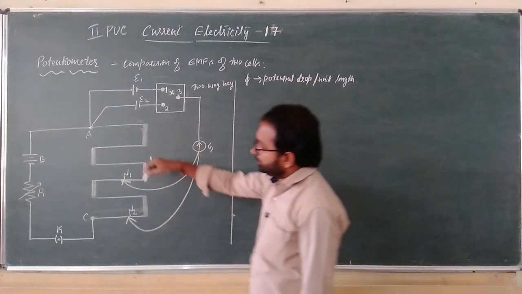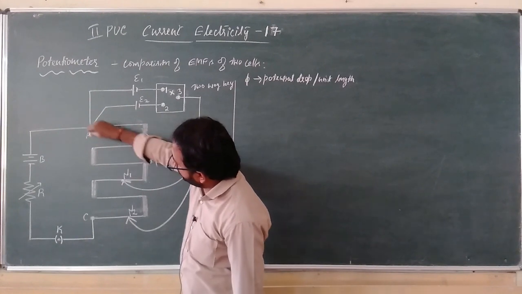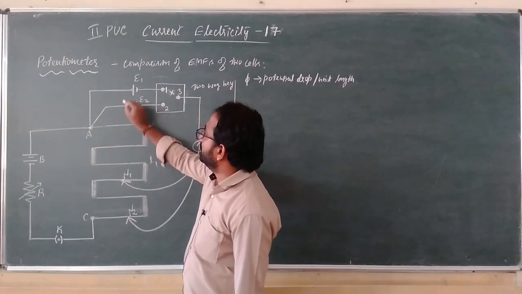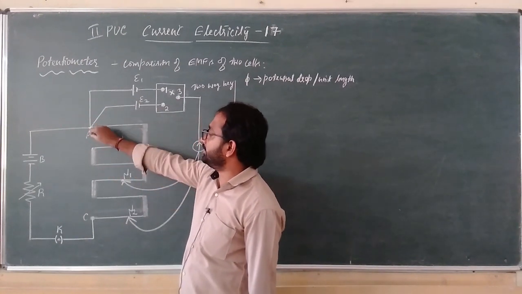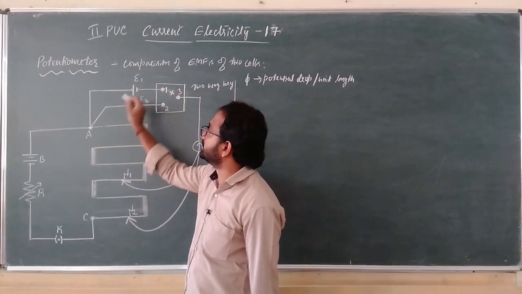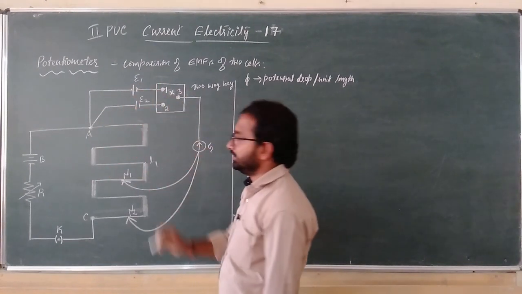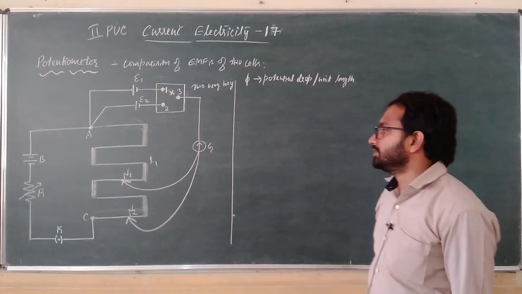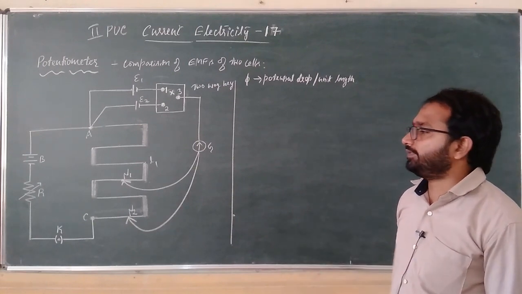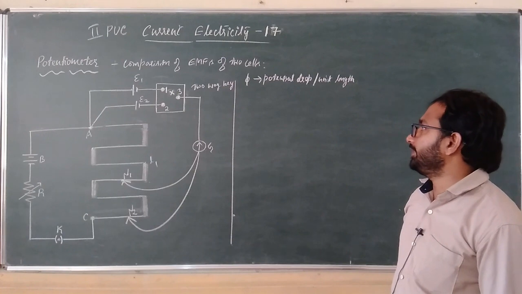If the potential drop between these two points is equal to the EMF of the cell, then only the current flowing through the galvanometer becomes zero, or there is no deflection shown by the galvanometer.